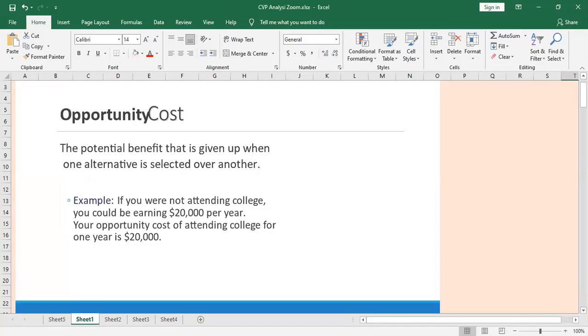There is opportunity cost because we have several alternative options. For example, here it says that if you were not attending college, you could be earning $20,000 per year. Your opportunity cost of attending college is that $20,000 that you could have earned if you had not come to college.